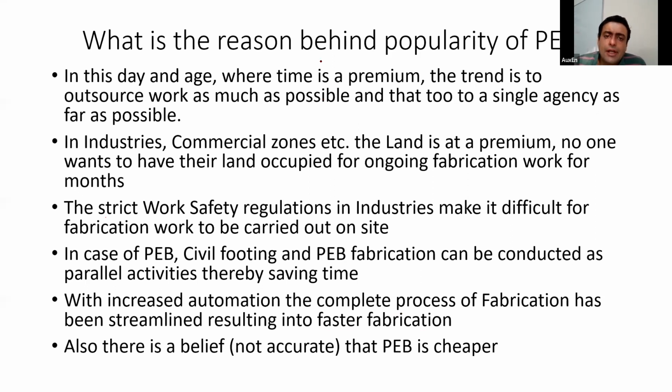And I have deliberately included this point that there is a belief that PEB is cheaper. Somebody had mentioned this point earlier. There is a belief that PEB is cheaper, but that is not accurate.